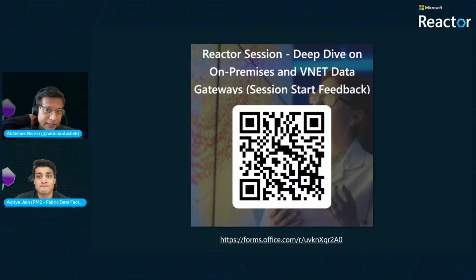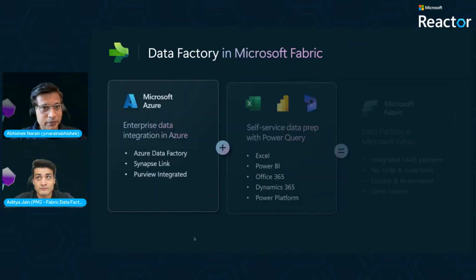I'll give another few seconds for folks to take a snap of this QR and give us feedback, and we'll be monitoring the responses. And with this, I'll move on to the next slide. Let's get started with the session.